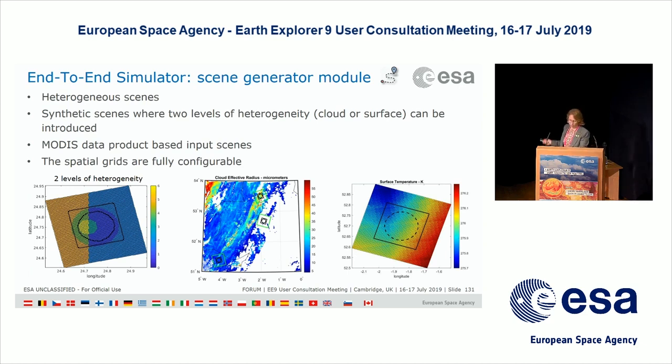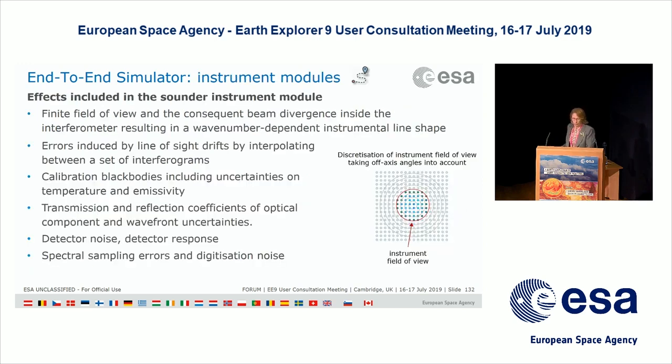So the instrument module, it's quite complicated because there are lots of effects that have to be included. The effects that are included are the finite field of view and the consequent beam divergence inside the interferometer, resulting in this wave number dependent instrumental line shape.